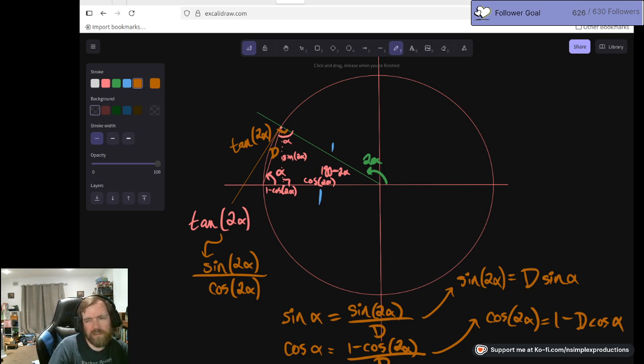So, like, we've got the tangent of alpha is equal to, and that gives us a, oh, yes, that is exactly what I want.